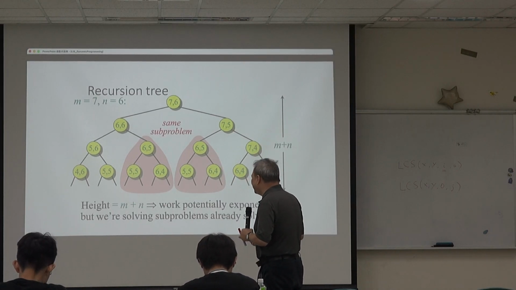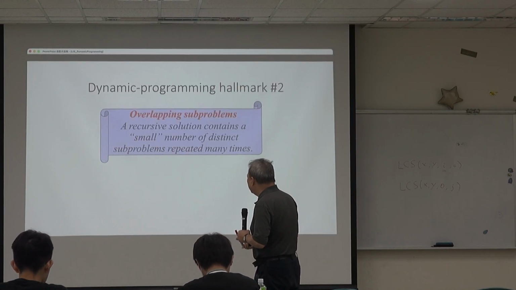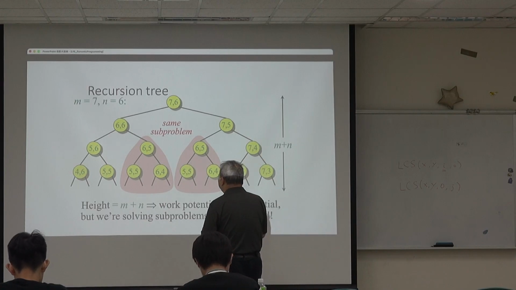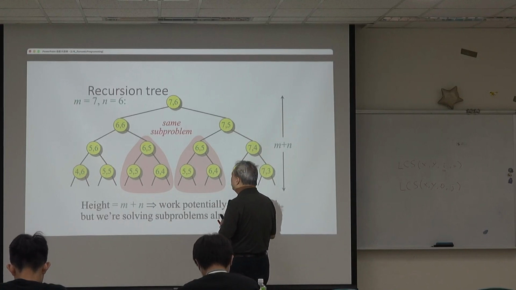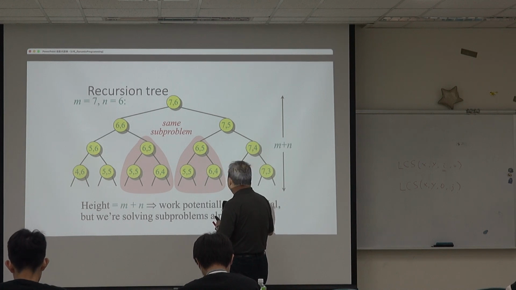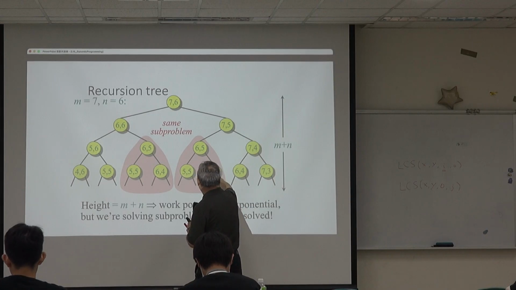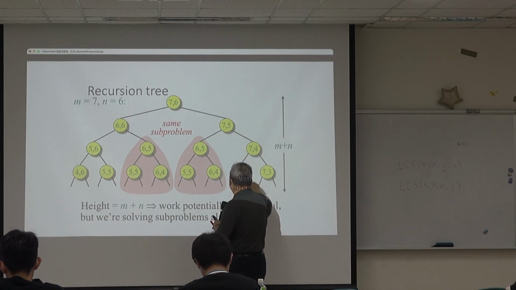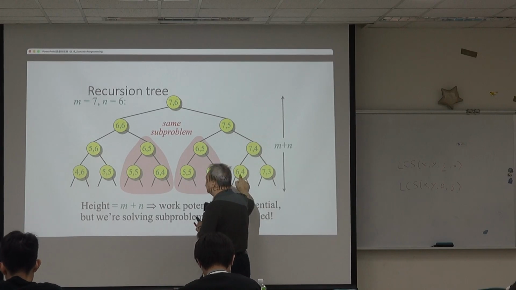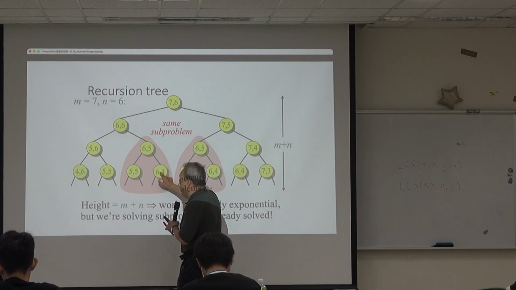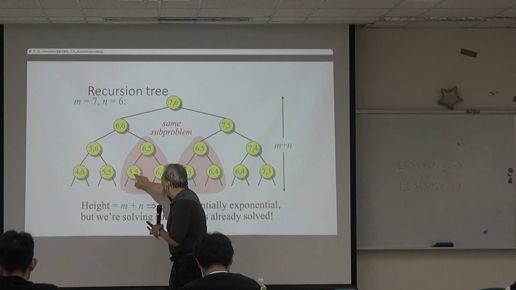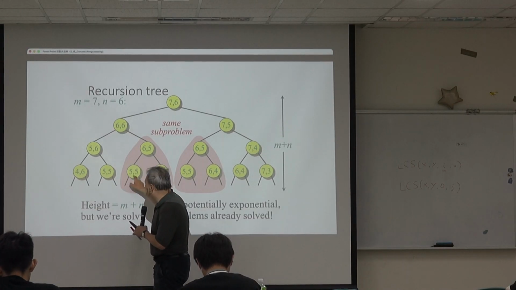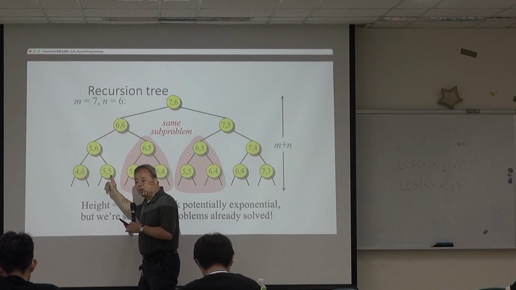Not only that, you see many of these places. For example, this 6-4 branch, you see it appear here, right? This 5-5 appears here.